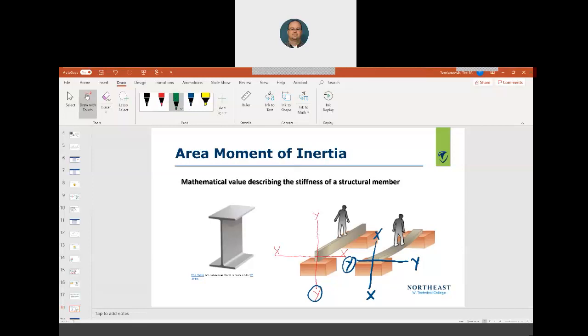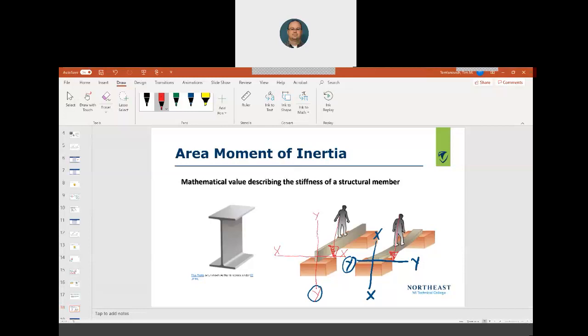So you notice, if I look here, the load from this gentleman wants to rotate it around the x-axis, right? Now the load here, when I flip the board over, wants to rotate it around the y-axis.